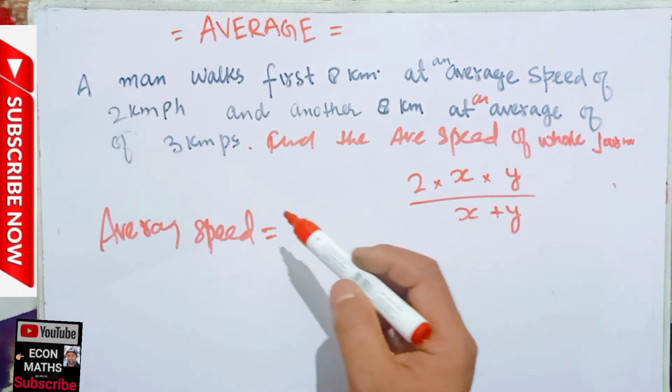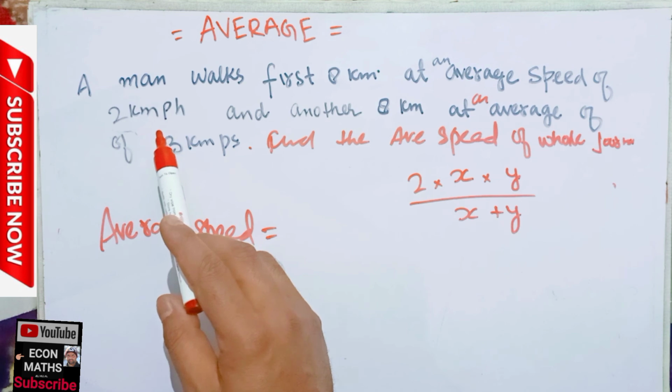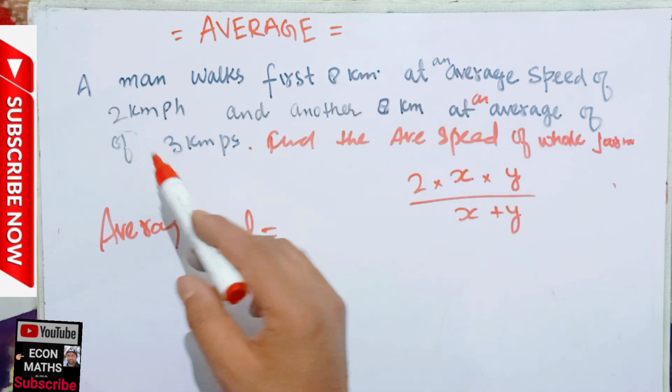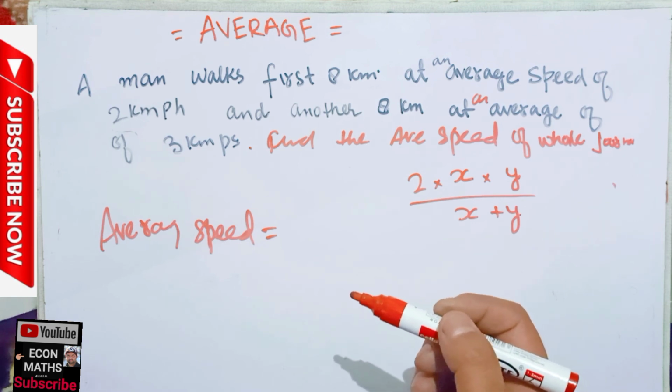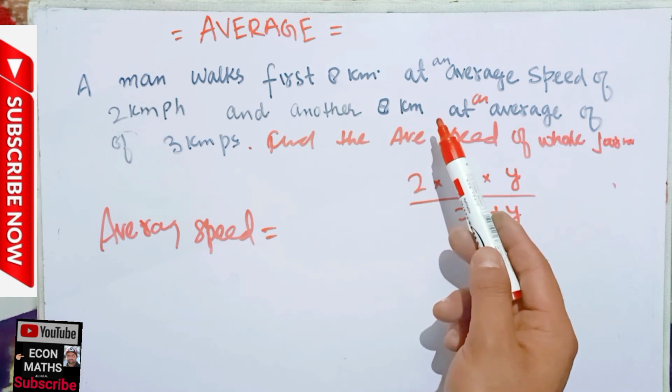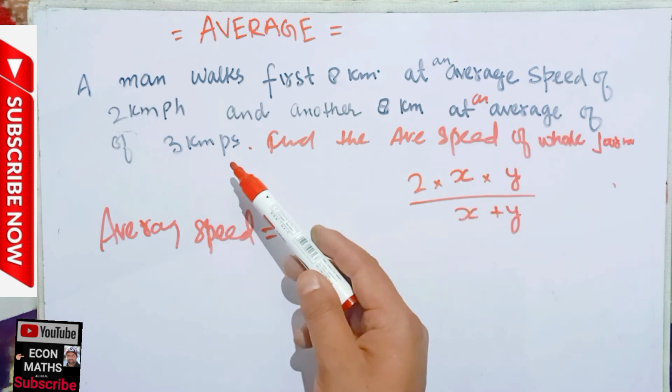Here the first 8 kilometers were covered at a speed of 2 kilometers per hour and another 8 kilometers were covered at an average of 3 kilometers per hour.